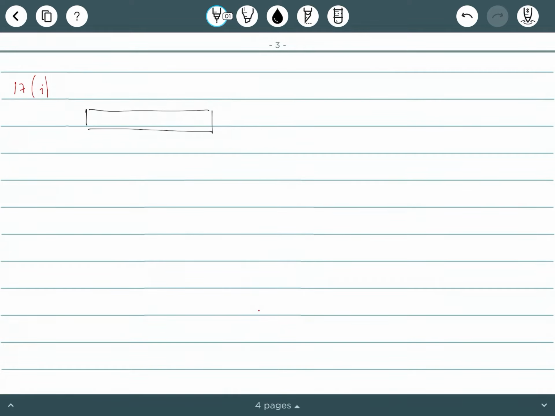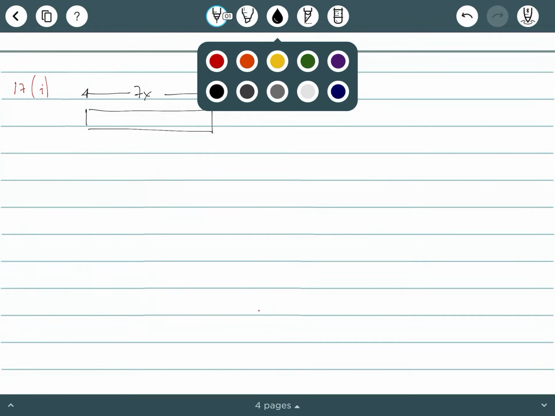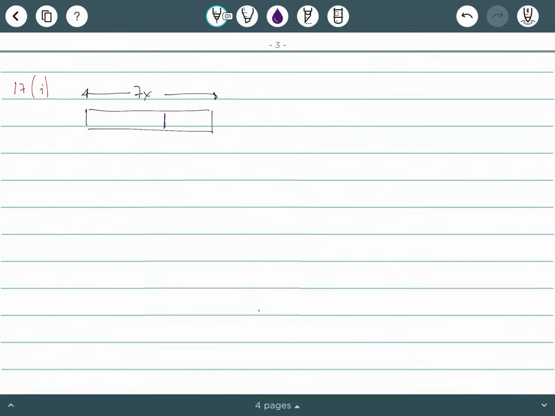And they tell you the full length is 7 times x. Now, they have divided it up. So they can say from here to here is 4x, and from here to here is 9. So from that, we have to create an equation in x.